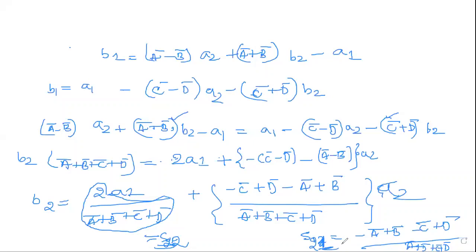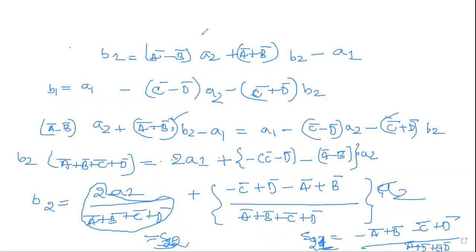So like this, you will be getting 4 equations now: S11, S12, S21 and S22. For these 4 equations, we will put in the properties of symmetry and reciprocity. Then simplify the equations a little bit, which is the final thing: you have to get the equations for S11, S12, S21 and S22.